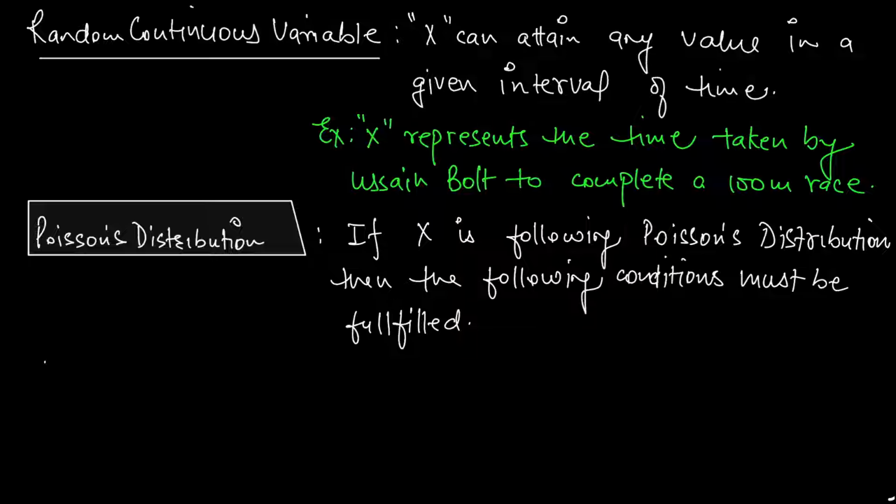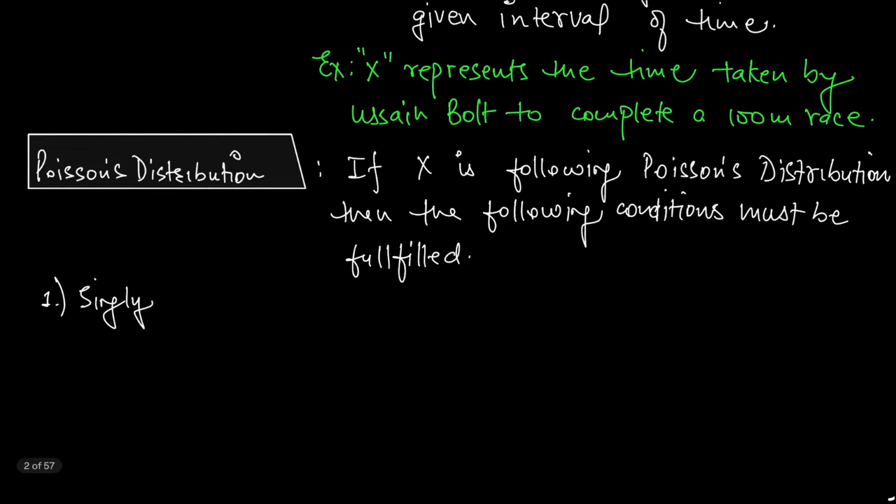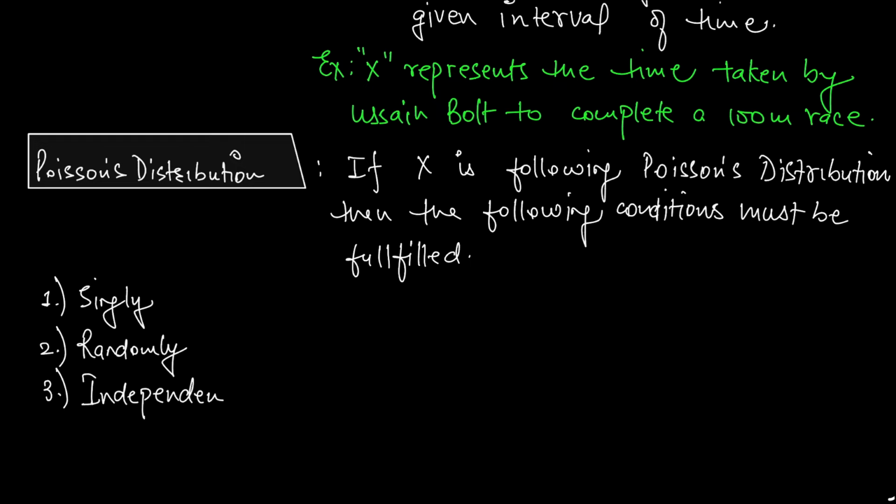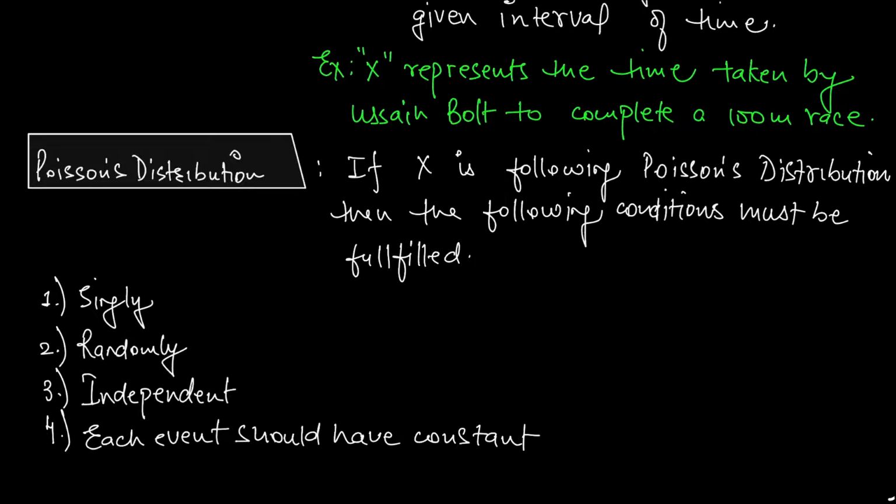The number one condition is all the events should occur singly. Condition number two, all the events should occur randomly. That is, the events occurring should not be connected with each other. Third, the probability of occurring any two events consecutively should be independent. Fourth, each event should have a constant probability of occurrence.